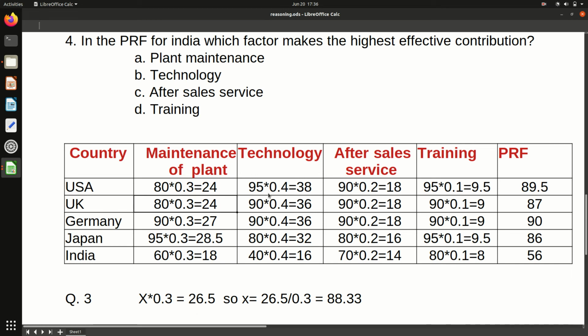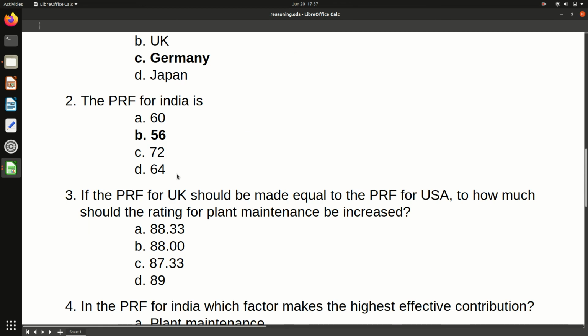Why? Because it was 87 and it increased to 89.5, so it increases by 2.5. Initially it was 24, now it will be 26.5. Now we calculate the value of X, and it will be 88.33. So the answer for the third one will be 88.33.